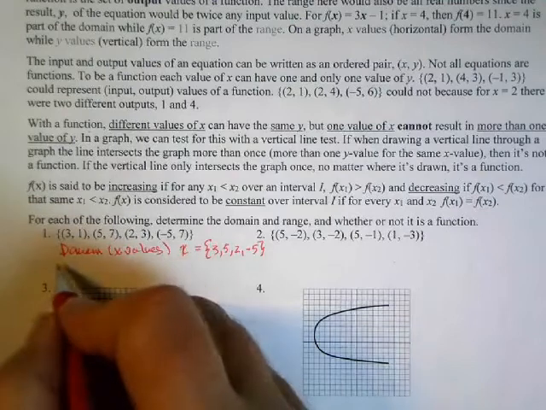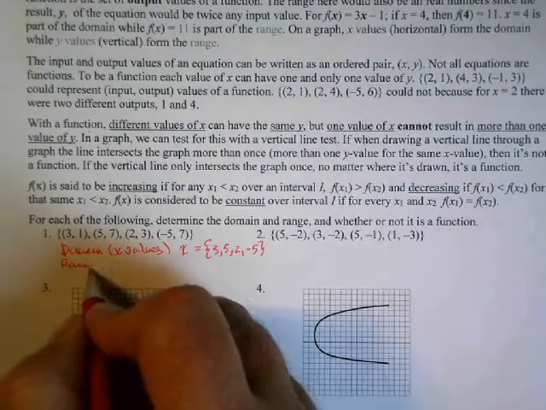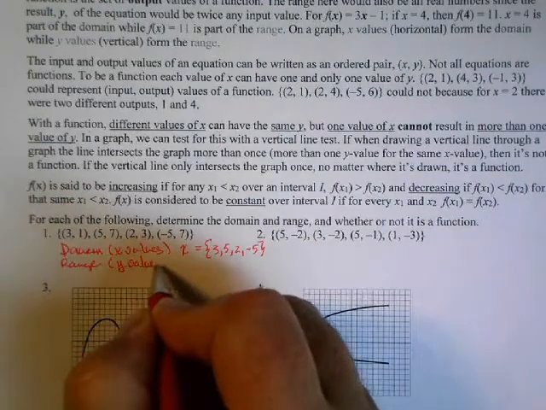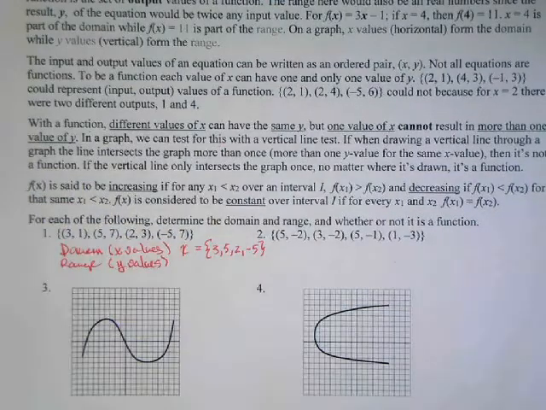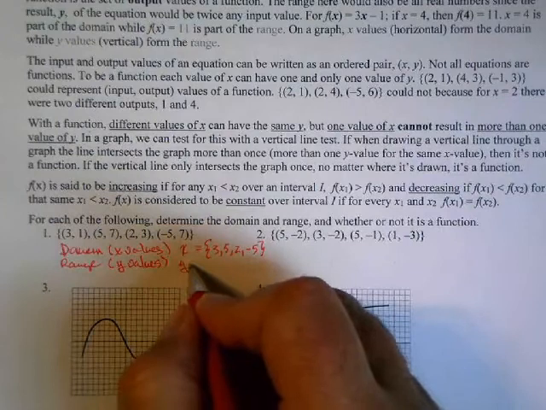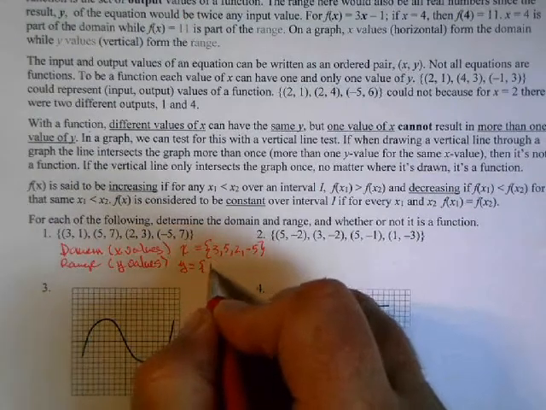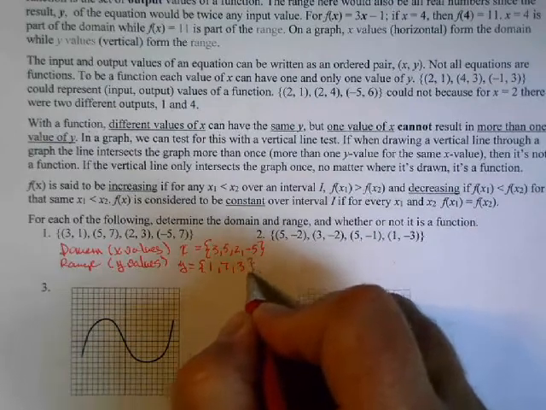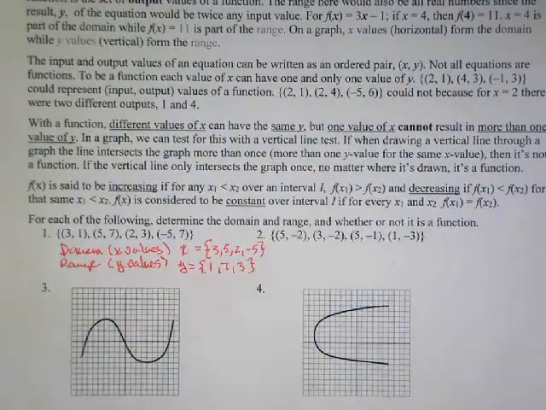And then the range, well, that's the y values. Those are the second numbers in each ordered pair. And so our y's are equal to 1, 7, 3. There really is no reason to put the 7 again. It's already part of our set.